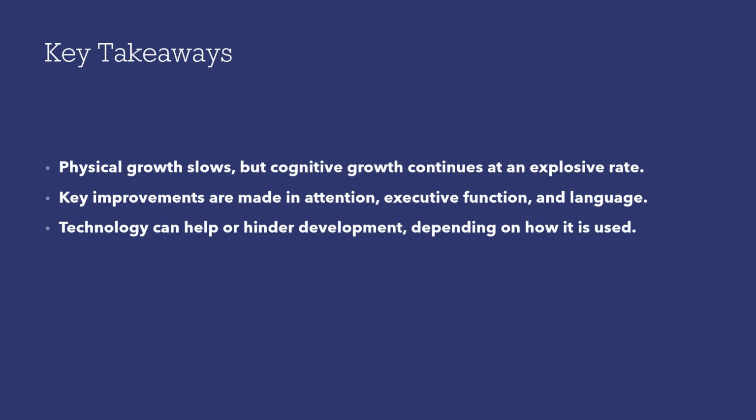Executive function is basically their ability to regulate emotions, plan, make goals, etc. And they're also making pretty huge developments in language, mostly developing their vocabulary and their conversational skills with other people. We'll talk very briefly today, and then more next time, about the role of technology, things like TV, movies, video games, etc. Today we'll talk a little bit about cognitive development. Next time we'll talk about how that impacts social development. Those are the key areas for today.